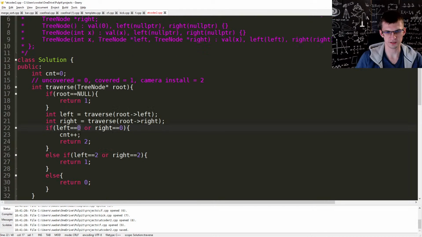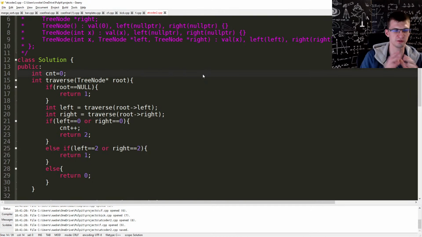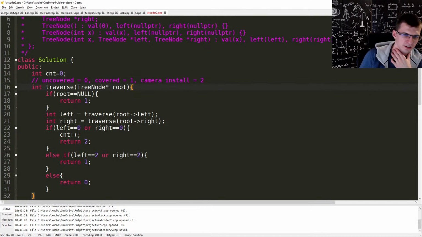Zeros, they mean some state. So here's my code review recommendation. This code would be terrible without this comment. If you want to use states 0, 1, 2 to denote something, then at least put a comment like this one. And we have camera installed, covered and uncovered.